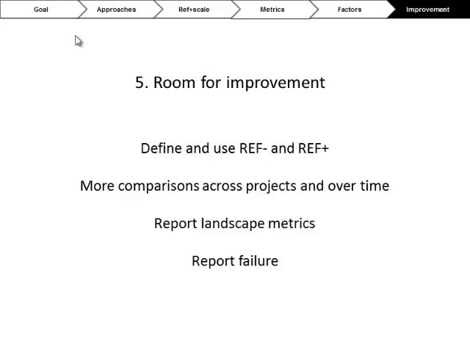It's very rare that failure is reported, especially when people report results from a singular project. The only occasions where you find some projects that were not successful is because they are part of a larger project or comparisons between multiple projects. And there is a lot of information that we can learn from failure, sometimes more than from success, unfortunately.